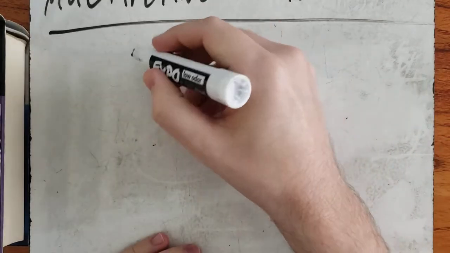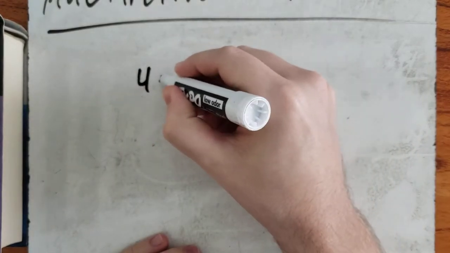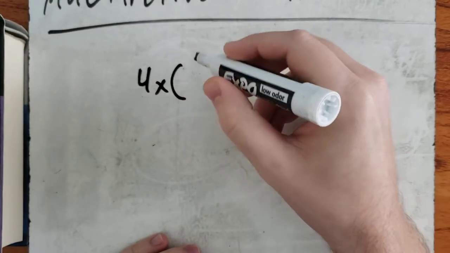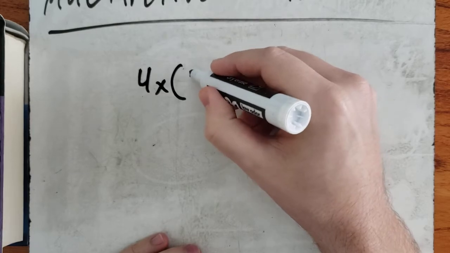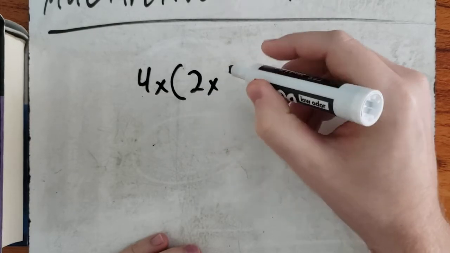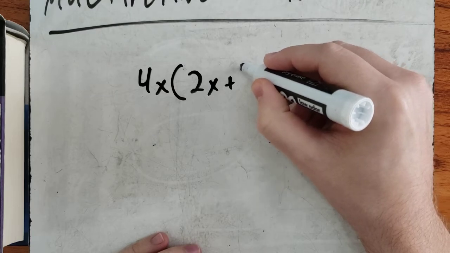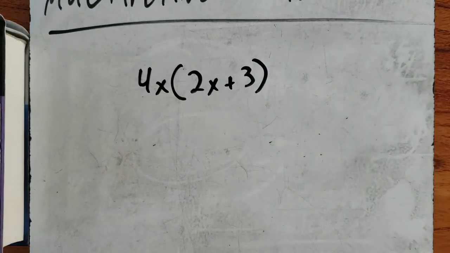Let's do 4x times 2x plus 3. So now we're going to add another element to it.